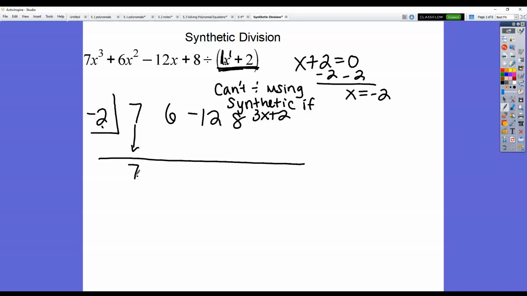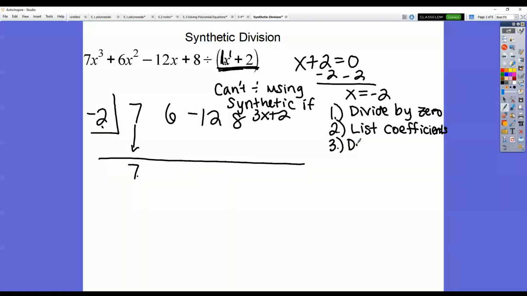So the steps: divide by the 0, list coefficients, drop down the first term, and then we multiply the first term and what we divide by.